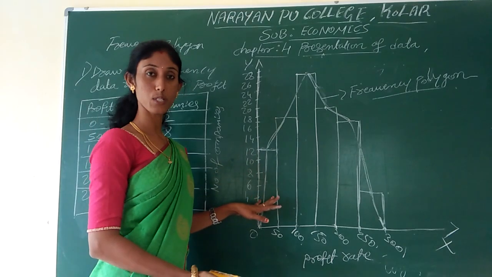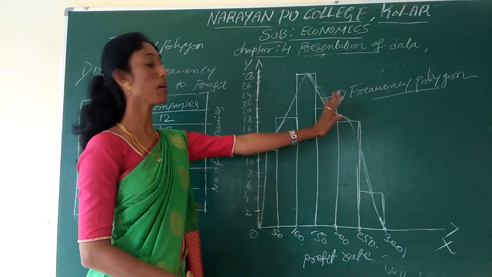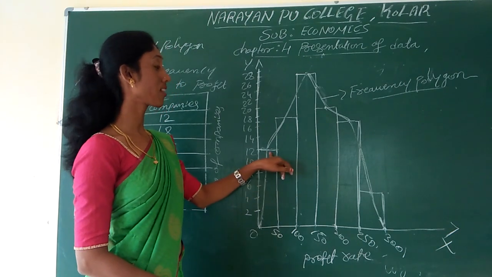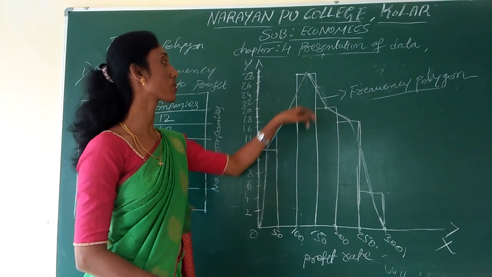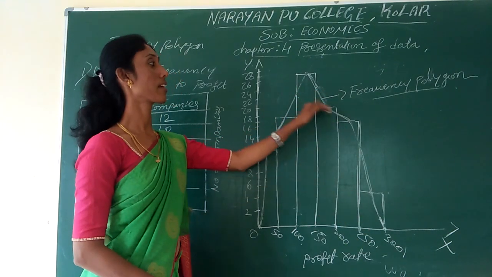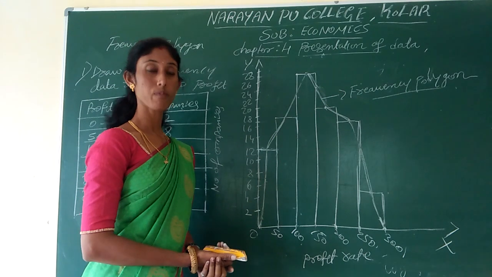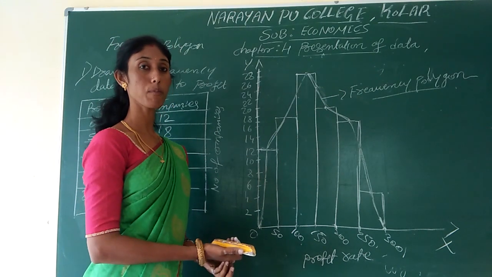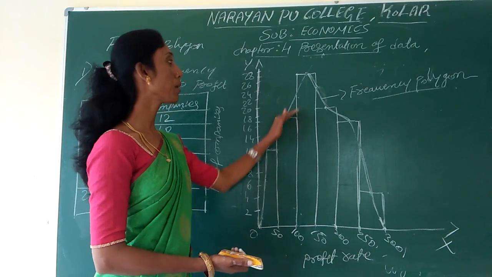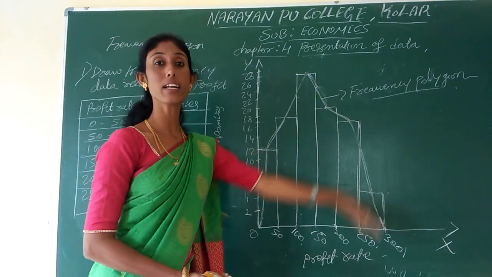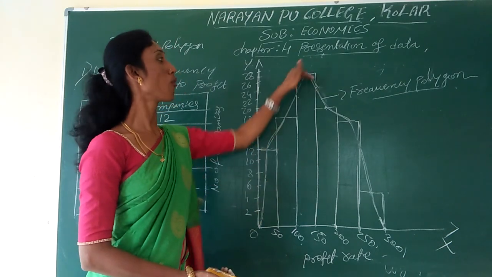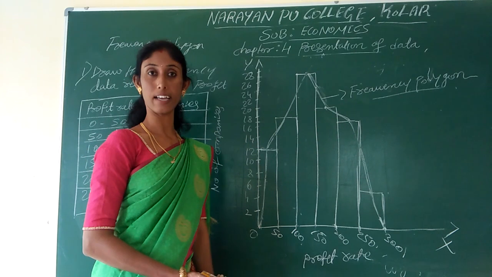If we understand the histogram, it is easy to draw a frequency polygon. I hope you all understood. By joining the midpoints of the top side of the rectangles of the histogram, we will get a frequency polygon curve, and it is an alternative to the histogram. It's derived from the histogram itself, and it is a line bounded by straight lines. Understood, right? A frequency polygon is a figure bounded by straight lines.